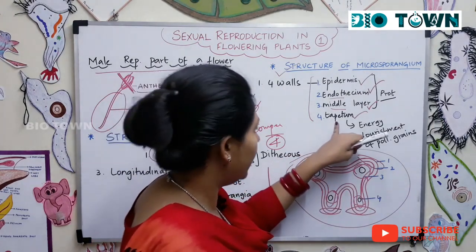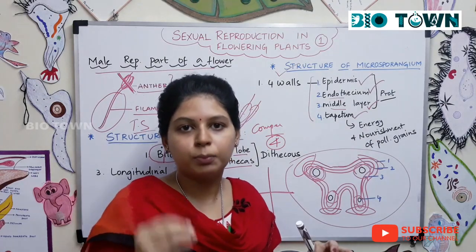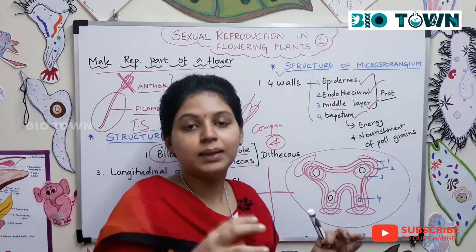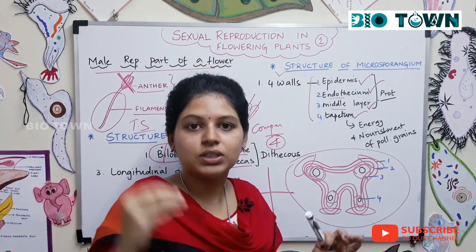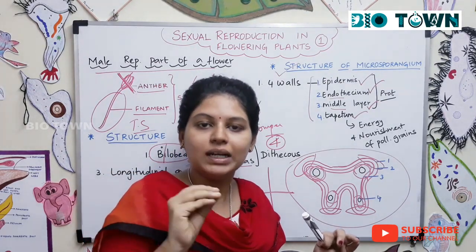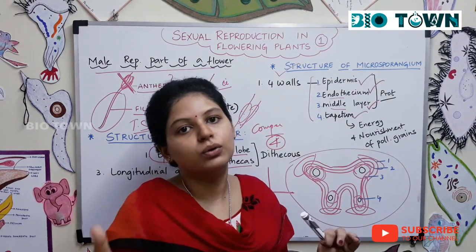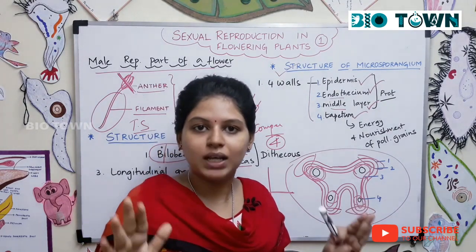The fourth layer, the tapetum, provides energy and nourishment for the pollen grains. They store the energy which is required for the pollen grains to develop by the process of microsporogenesis. So that's it for today's session.